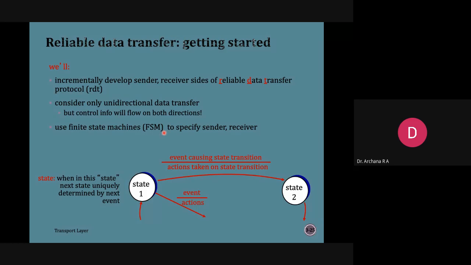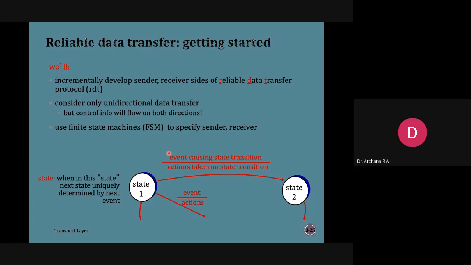We have taken unidirectional for better explanation, in order to avoid complexity. But the control flow of information between both the sender and the receiver is in both directions.